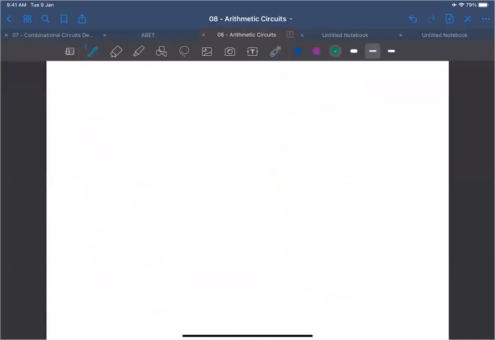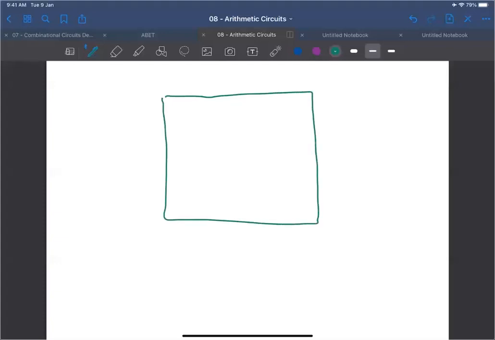We want to design some black box here, let's call it a 1-bit magnitude comparator, and it takes AI, because we can connect any bit of A to it, and BI, and then it compares them and produces some result: greater than, less than, or equal to.